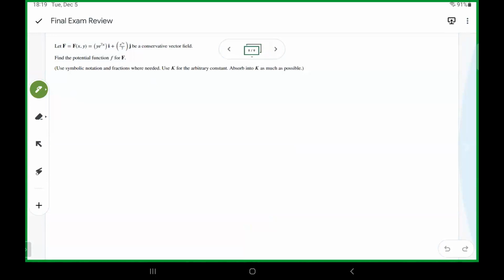So this one says let the vector field be the following, a conservative vector field. Find the potential functions for the field.